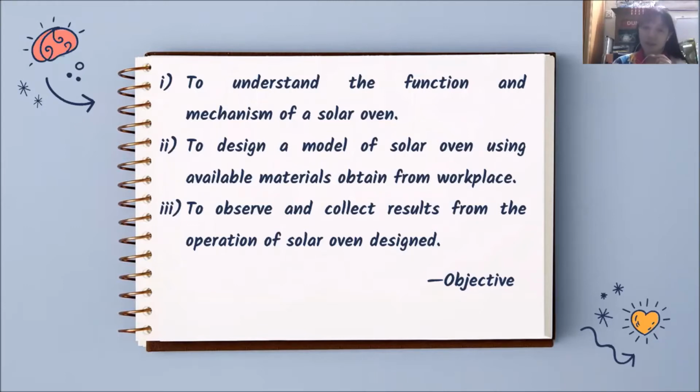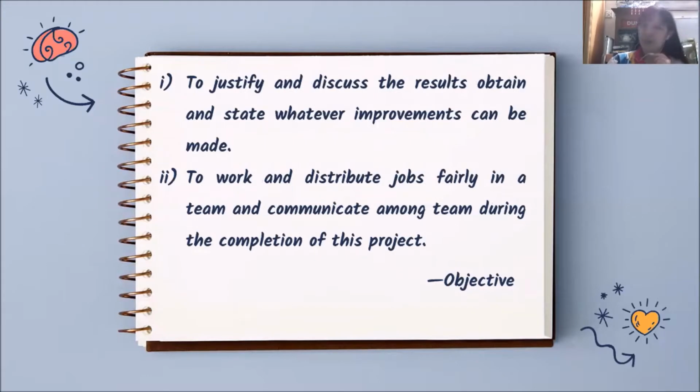The next one is to observe and collect results from the operation of the solar oven design. Also, we need to justify and discuss the results obtained and state whatever improvements can be made. And the last objective is to work together and distribute jobs fairly in a team and communicate among the team during the completion of this project.